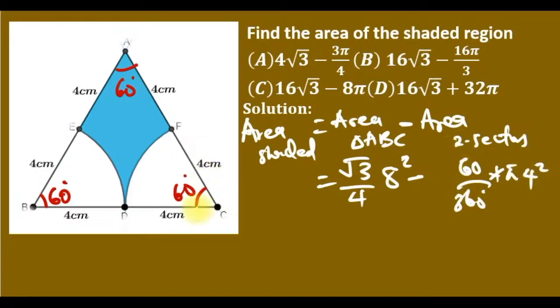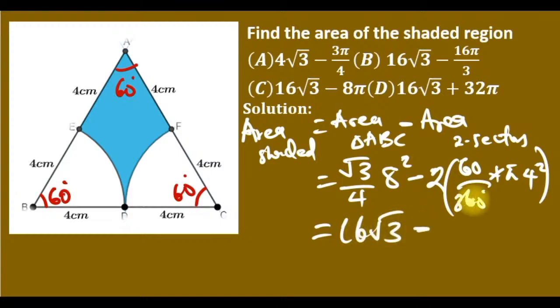And remember, we have 2 of them, so we multiply by 2 because they are the same. So 64 over 4 is 16, so I have 16 √3 minus this, which is 120 over 360, so 4 squared is 16, so 16 pi over 3. So our answer is option B.